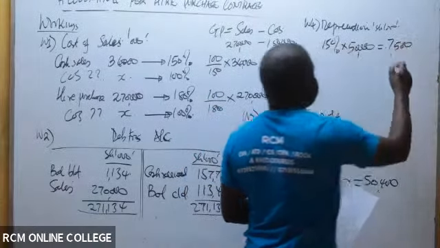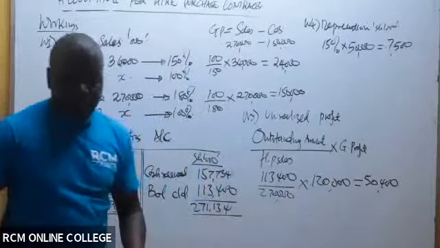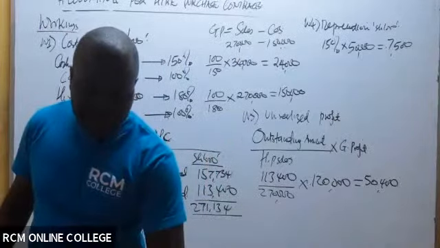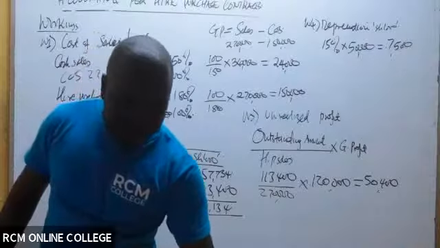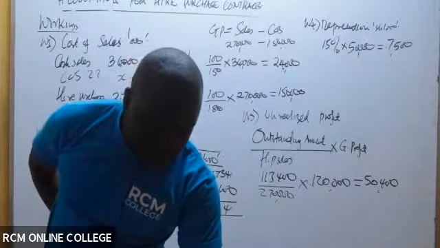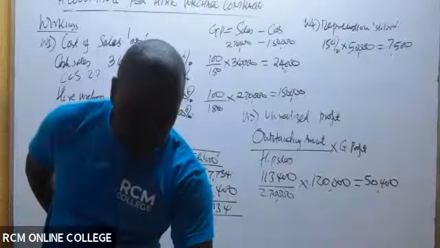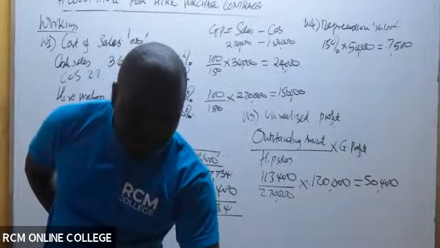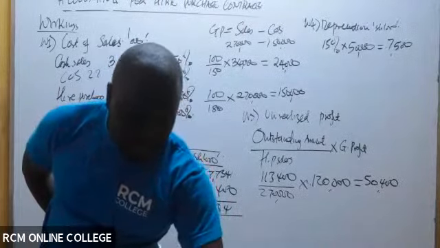You'll be able to get 7,500,000. But remember, kuna vile wamekuambia hapo, remember tunatengeneza income statements mbili. So you are preparing the income statement for cash sales and for hire purchase sales. You are told 1/3 of depreciation relates to cash sales.